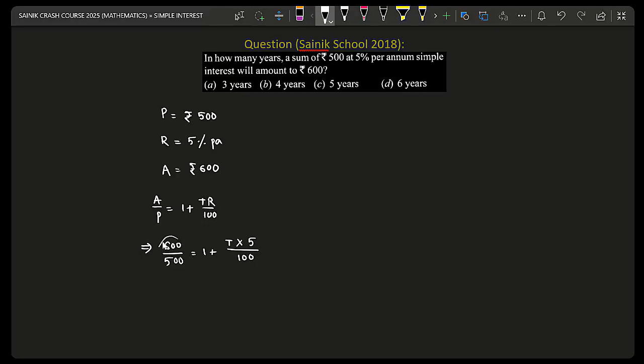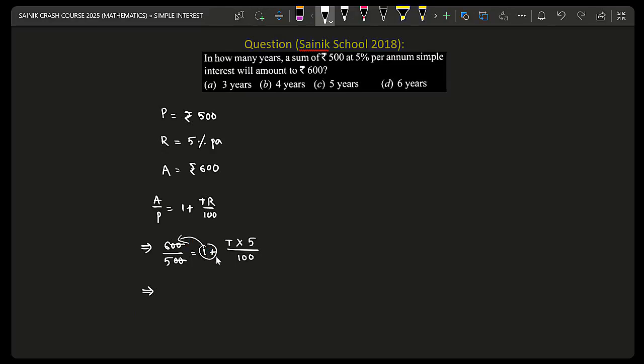First, simplify 600 and 500. Two zeros cancel. What's the next step? Pranay, you're unnecessarily complicating things. First, take the plus 1 to the left side.